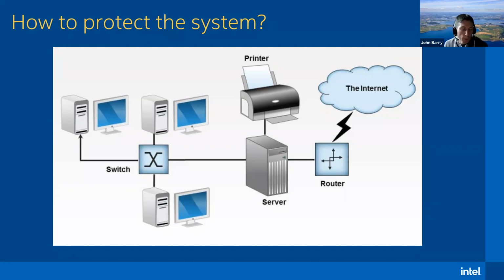All of these are very useful and very practical, but the point is that we can't really know how to protect the system without understanding what we're trying to protect it from. So the first thing we need to ask ourselves is, what are we trying to achieve? We need to understand the problem before we jump into the solution.